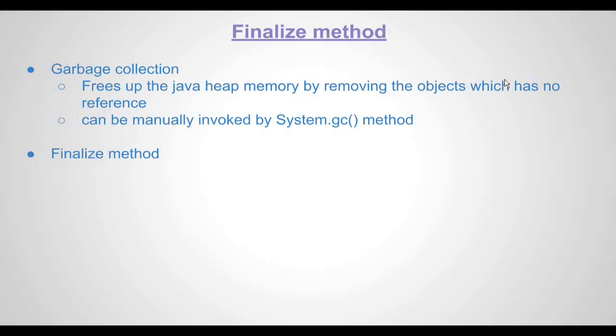It will free up the space, as well as defragment the Java heap memory that was allocated for the Java program. So it will run in the background, you need not do anything. It's a background process. So Java will execute clearing the objects that do not have any references in the program.